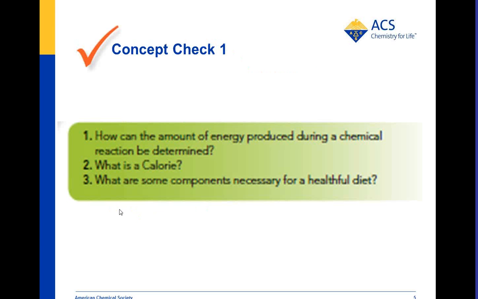Okay, Michael, you can go to the next one. Thank you. All right, this is the first concept check in this section, and with the other concept checks, the first question is just finding out background information. How much do the students remember about energy production from chemical reactions, and how to measure it and calculate it? The second one is a bridge.